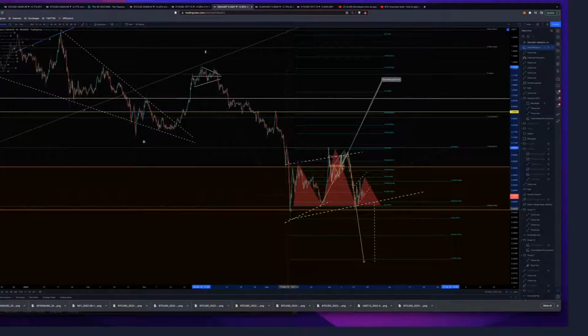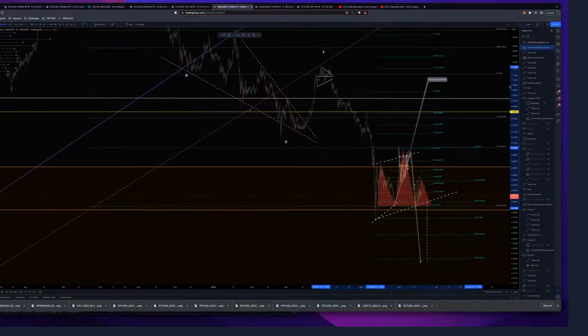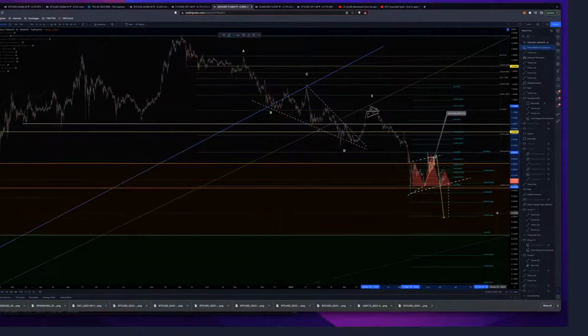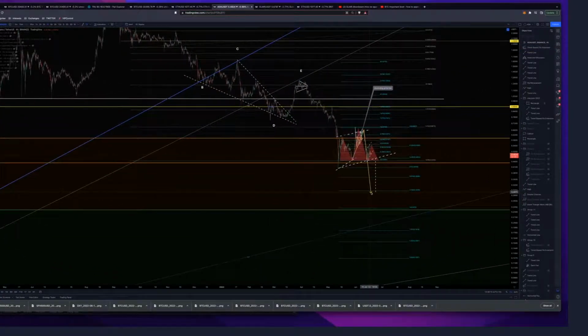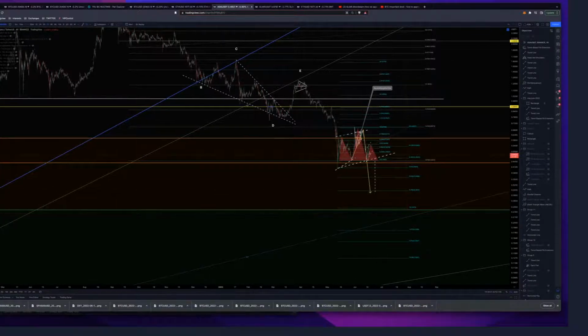I'll use this body of the candle. That wick is a bit deceptive. 0.786 makes sense, but it could be worse.